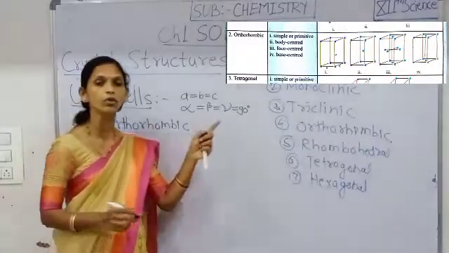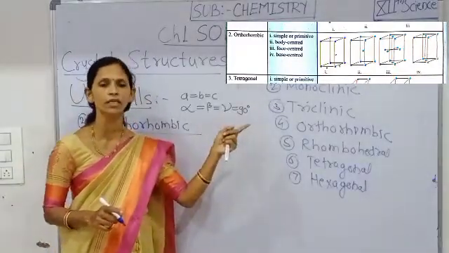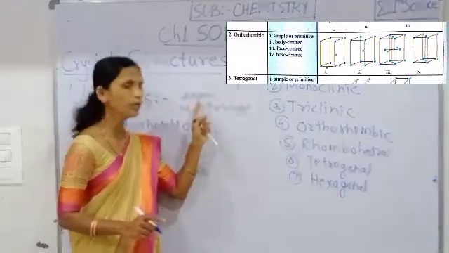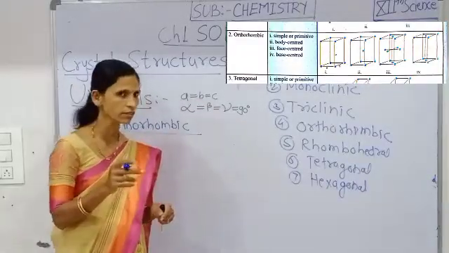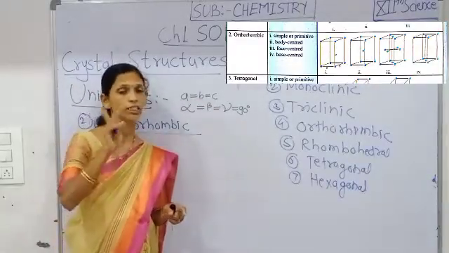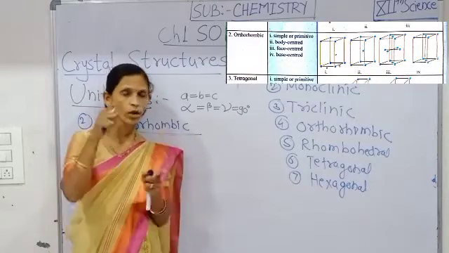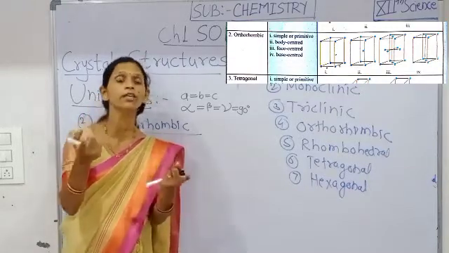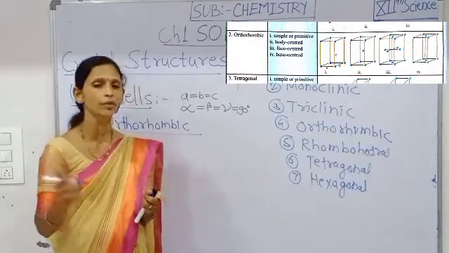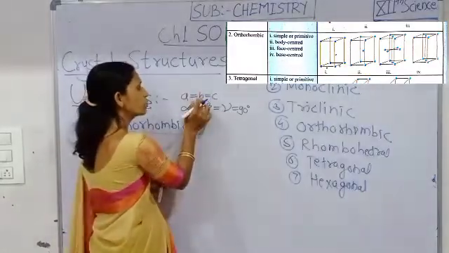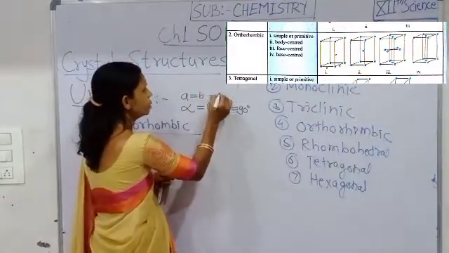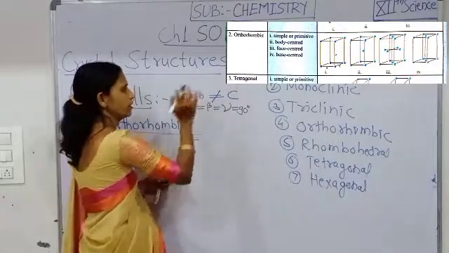See here in the orthorhombic unit cell, observe the figure. Here A and B are equal. That means 2 edges are equal, but one edge is different from A and B. That means here A is equal to B and B is not equal to C.